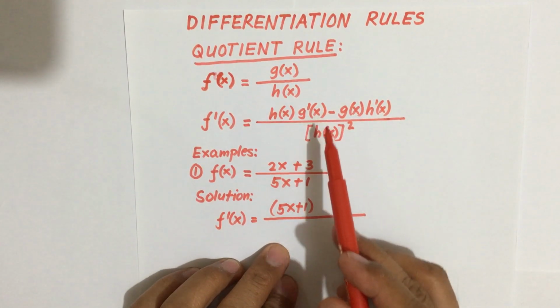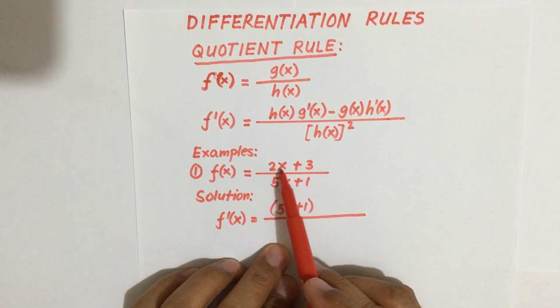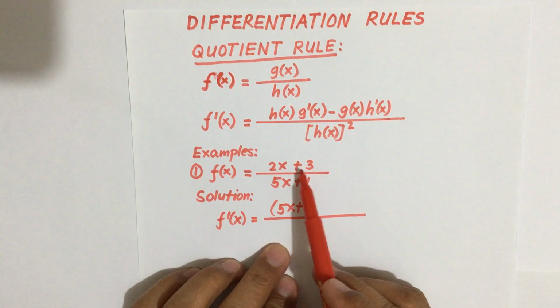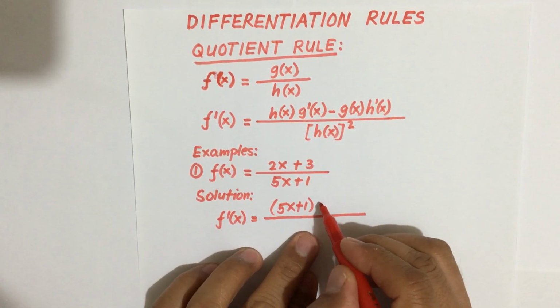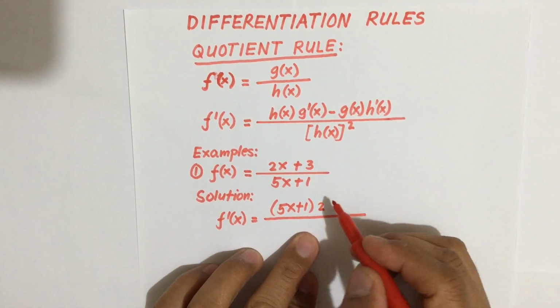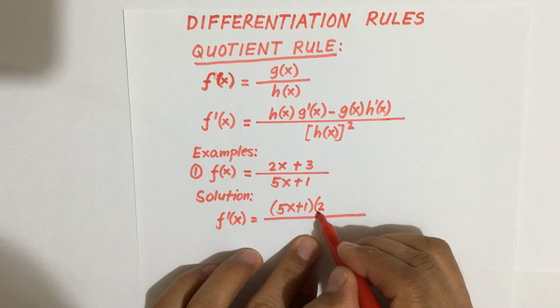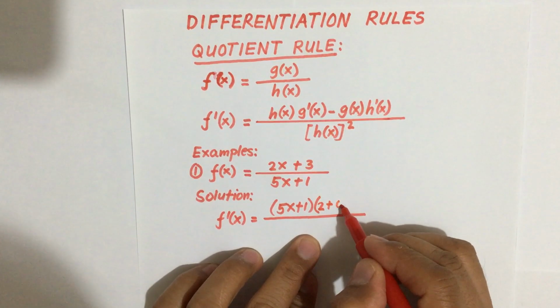Okay, so this is our numerator. So what is the derivative of this numerator? Let's apply the power and sum rule. So we have the derivative of 2x, that is 2, and the derivative of 3, that is 0.